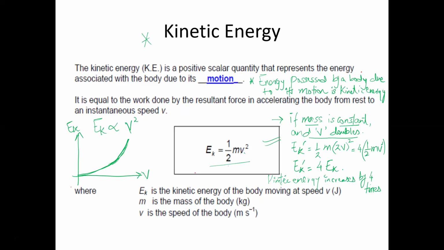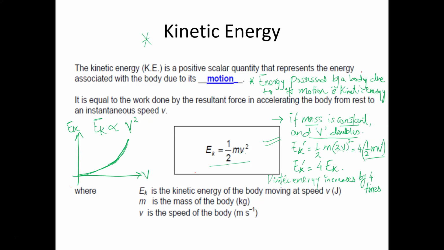Half mv square. And if I say the velocity doubles, so instead of v, can I write that v becomes twice of v? Yes, I can. The new velocity is becoming twice of the previous one. So when it becomes twice of the previous one, 2 square will be becoming 4, 4 will be coming out, and this will be equivalent to 1 over 2 mv square.